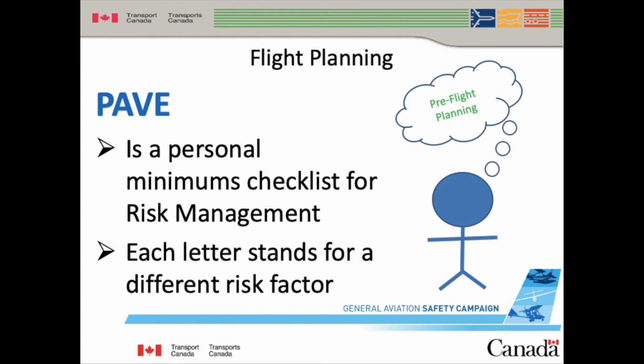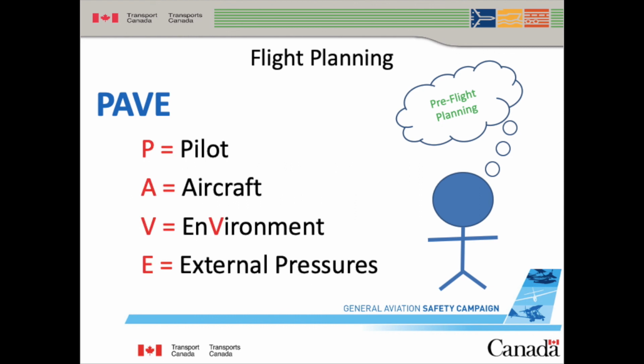Talking PAVE. PAVE is a personal minimums checklist for risk management, and each letter stands for a different risk factor. P stands for pilot, A for aircraft, V for environment. The V was picked in order to make a word, obviously, and E for external pressure.